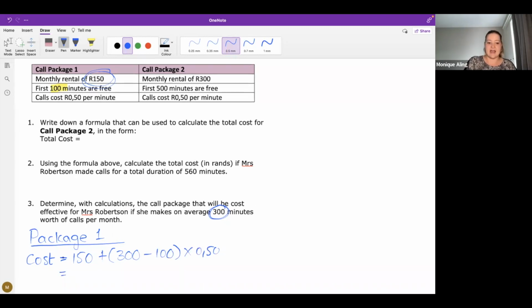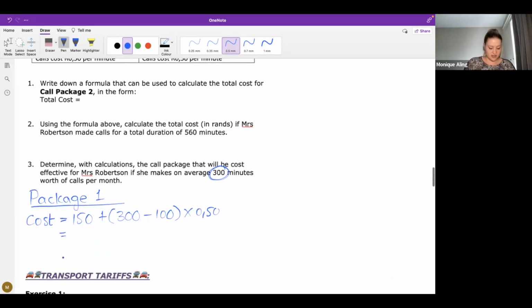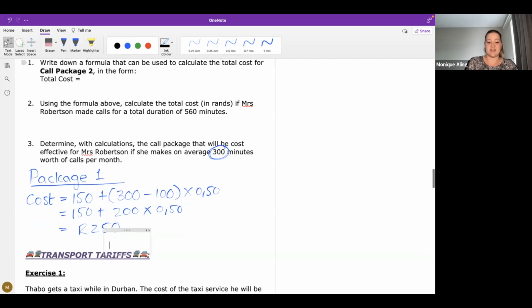If you work that out, it will be 150 plus 200 minutes that aren't free times 50 cents. And if you work that out according to BODMAS, you will get 250 rand. Do we have any questions there?